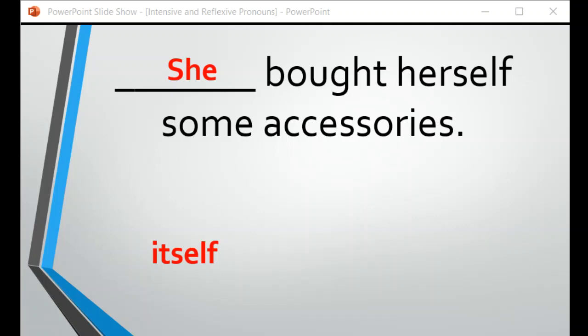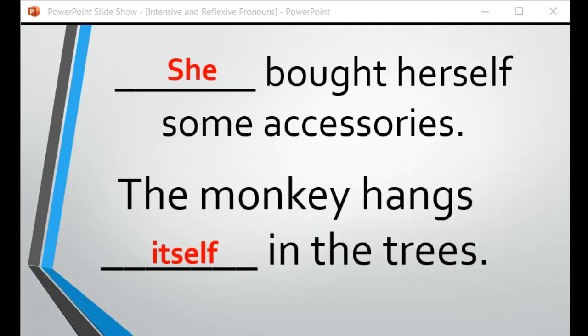You may use she. She bought herself some accessories. Or you may use another name of a female. Let's say Jacqueline. Jacqueline bought herself some accessories. Very good. How about this?